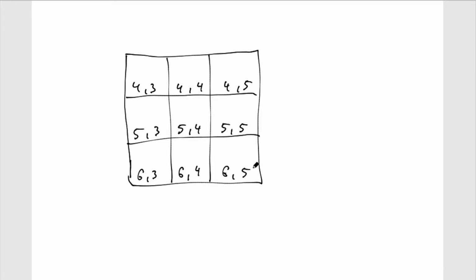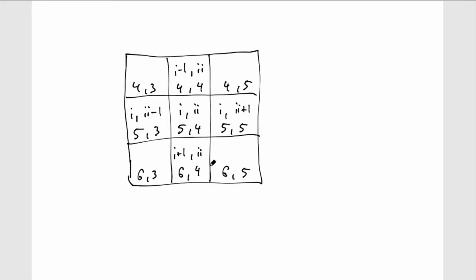Or another way to think of this is that, if we have more generally I, II, then here we are at I plus 1, II, and here we are at I minus 1, II. Here we are at II plus 1. Here we are at II minus 1.